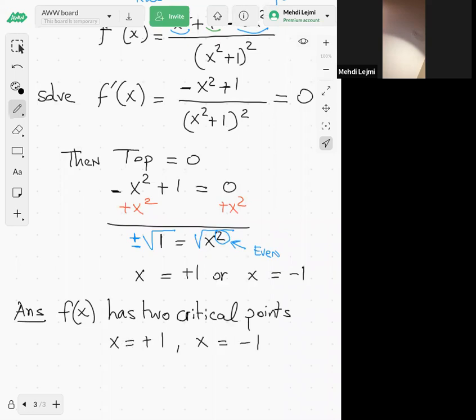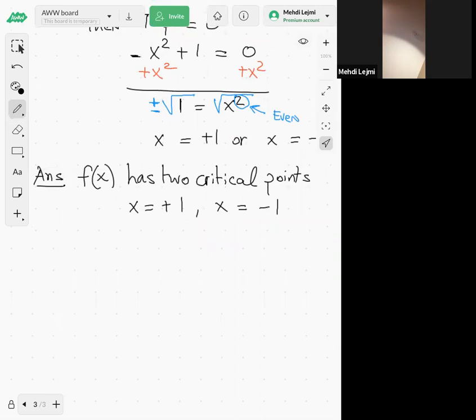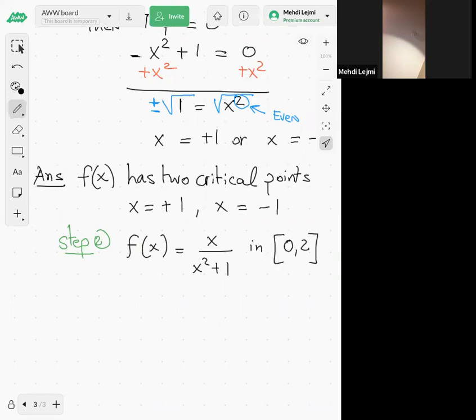That's my critical points. Now, step number 2, we have to evaluate. So what's f of x? f of x is x over x squared plus 1, and the interval is 0, 2.